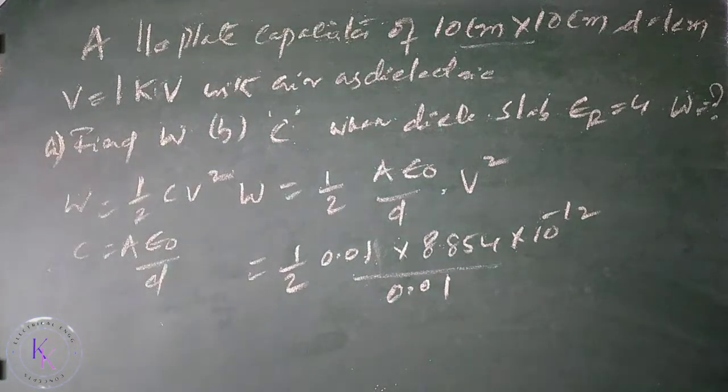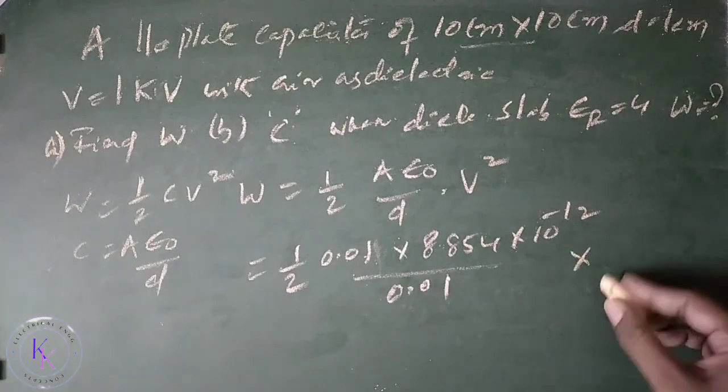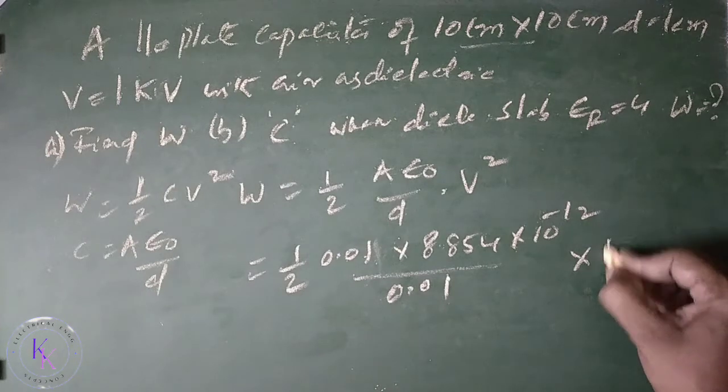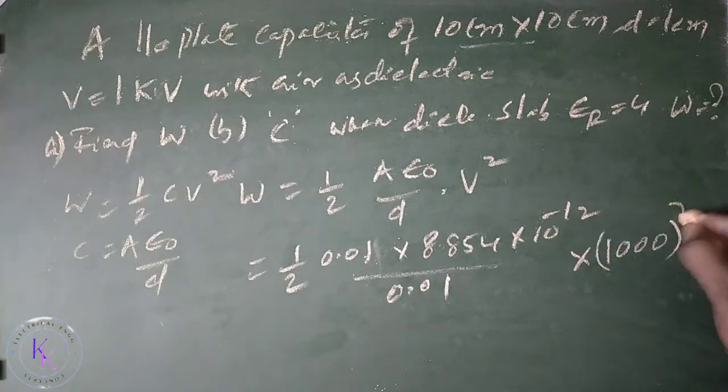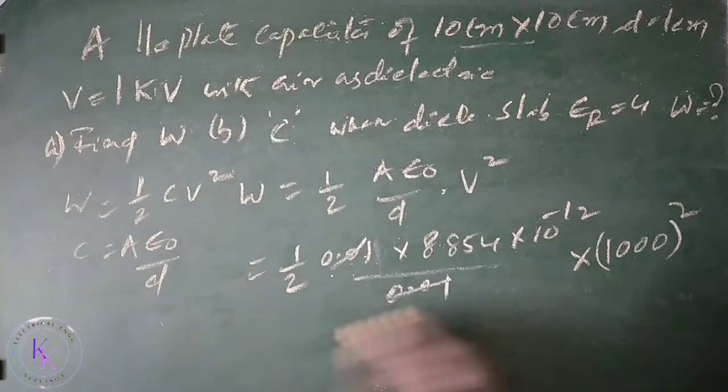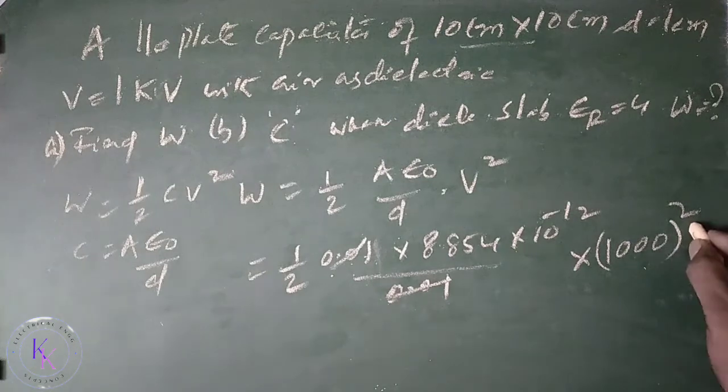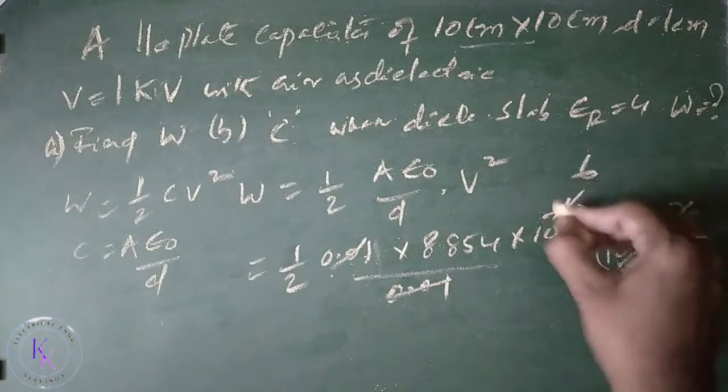Multiplied by the voltage, 1 kV, nothing but 1000 volts square. Let's cancel. 1000 square is 10 to the power of 6, and with 10 to the power of minus 12, we get 10 to the power of minus 6.